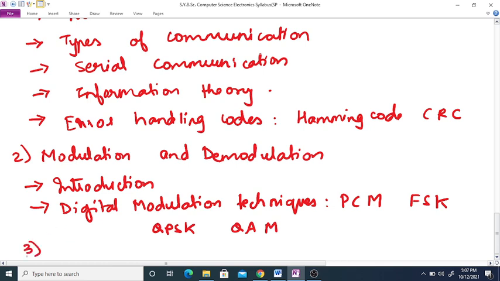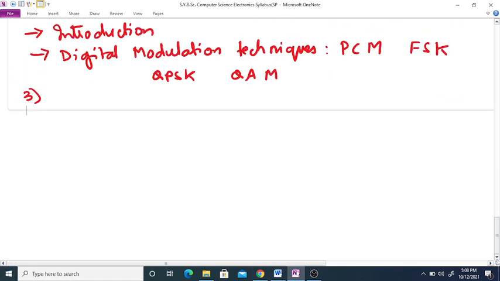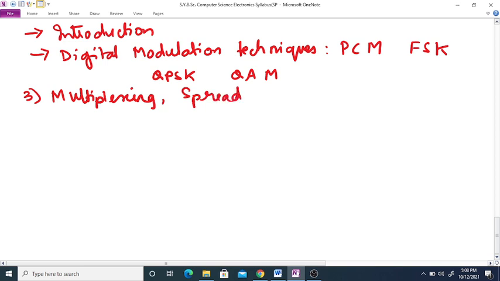Third unit, in third unit we have multiplexing, spread spectrum, and media access control.